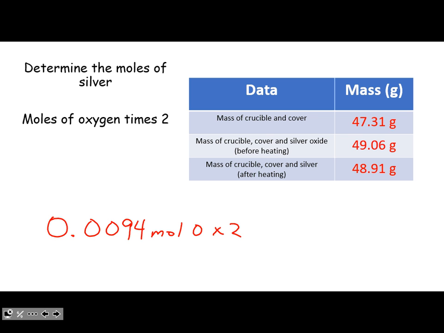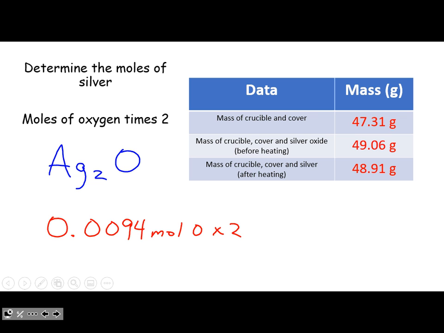What is silver oxide? Ag2O. So for every oxygen, we have how many silvers? 2, right? That is why we are multiplying this by 2 to get the number of moles of silver.